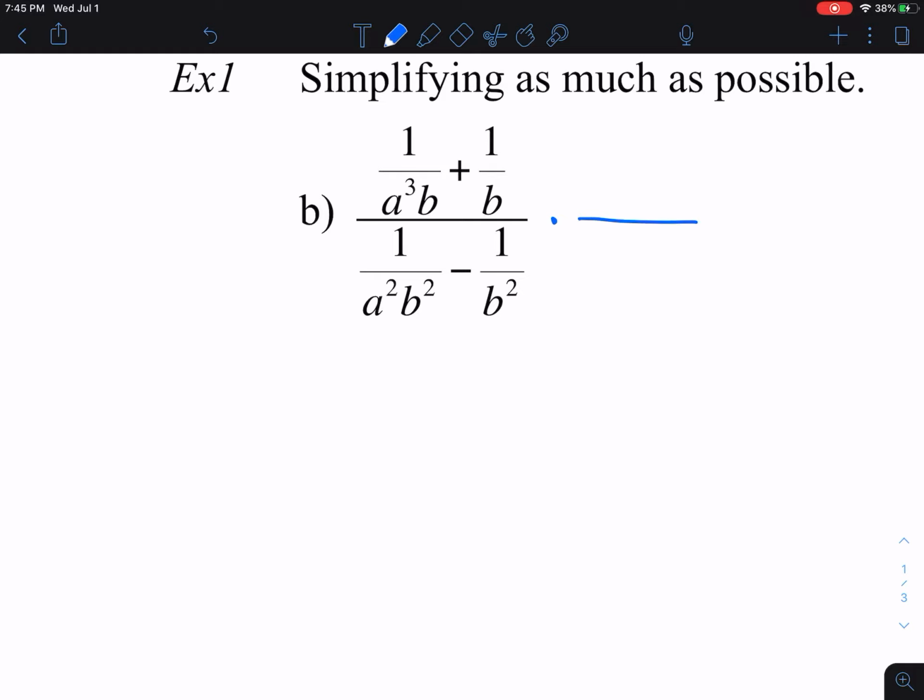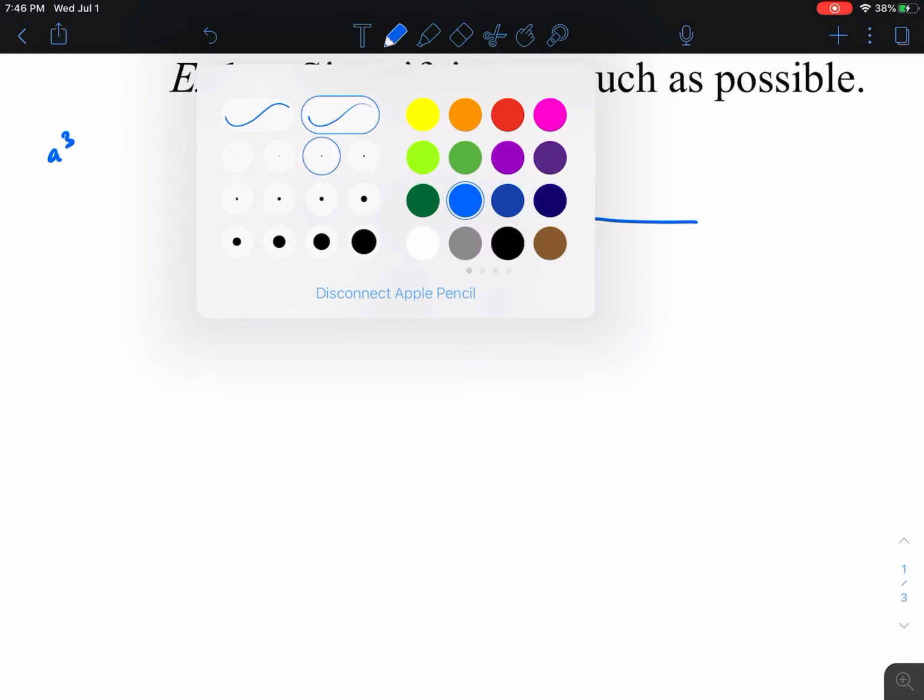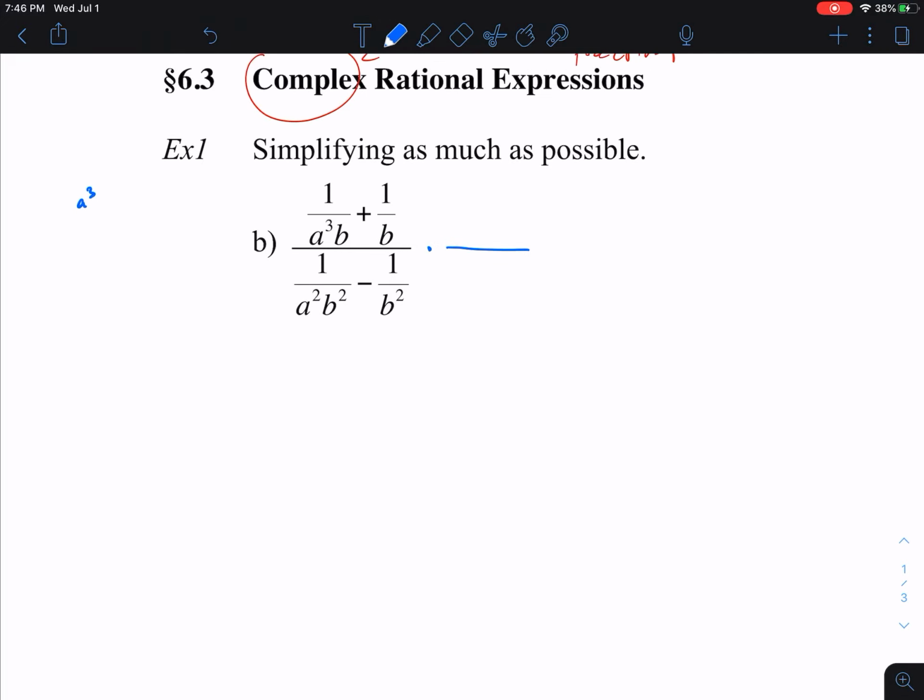So let's observe the denominators. We have a to the third, and then b. That's one of the denominators, and then we have b, and then a squared, b squared, and then b squared.